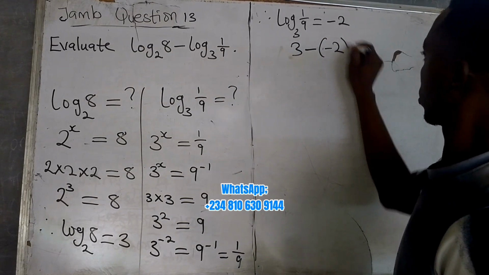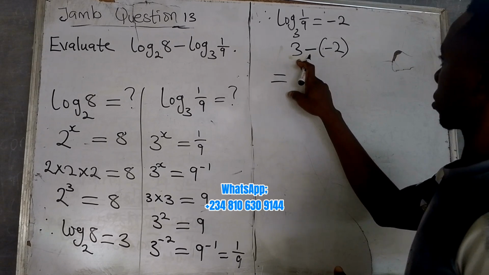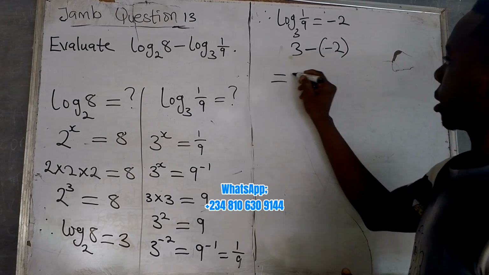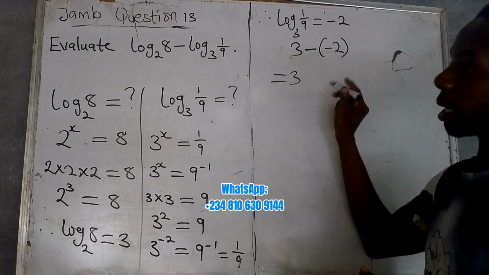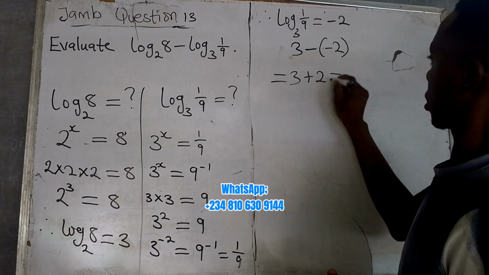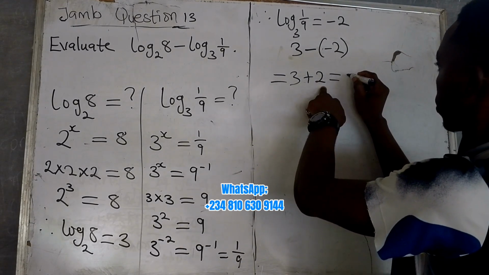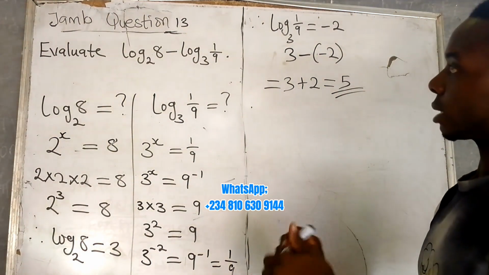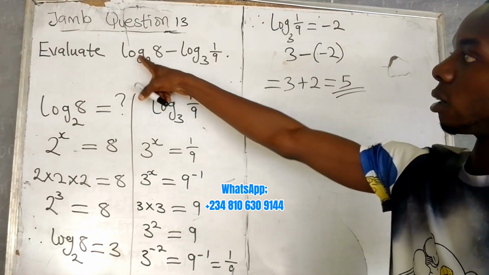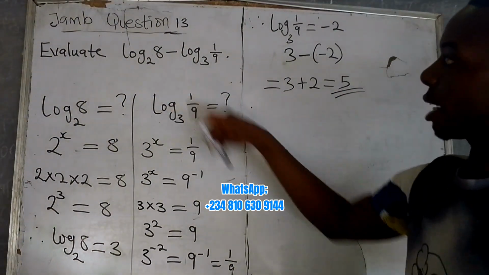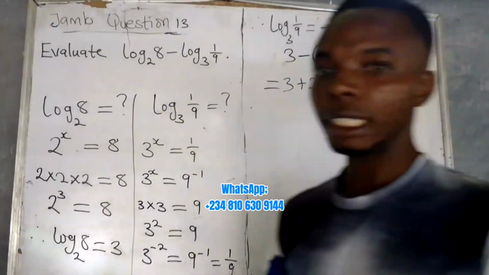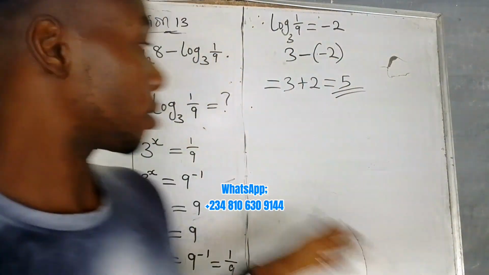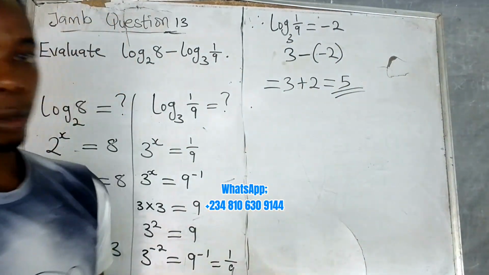You bring down the 3, then minus times minus is plus, then you put down 2. 3 plus 2 is 5. That is the answer. So log₈ in base 2 minus log₁/₉ in base 3 is equal to 5. It's as simple as that.